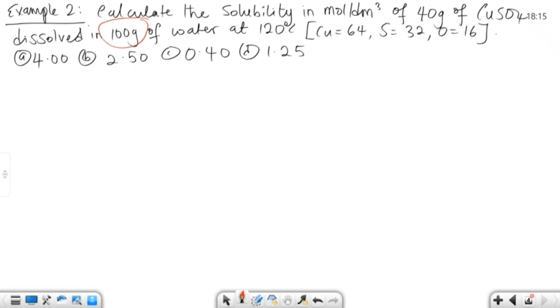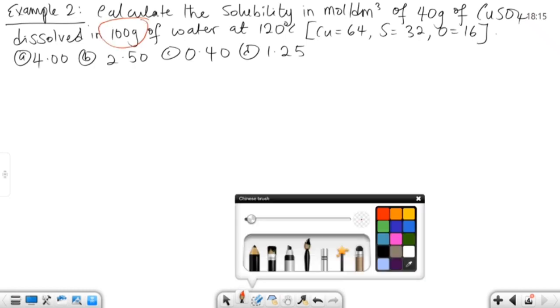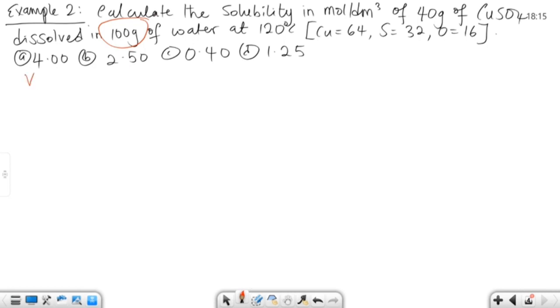Don't be confused when you see this kind of question. Your V can be converted from 100 gram to 100 cm³, which you then convert to dm³ by dividing by 1000.